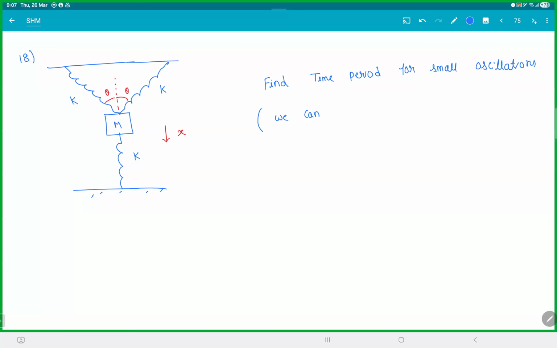So it's a very small change. So we have three springs like this, like a Y shape. Find the time period for small oscillations.